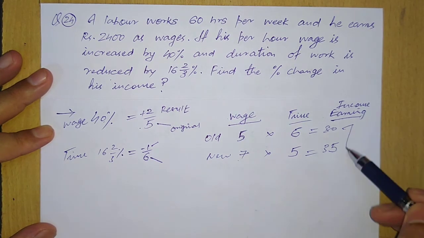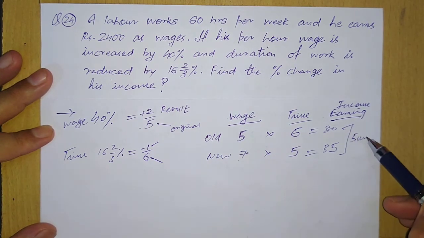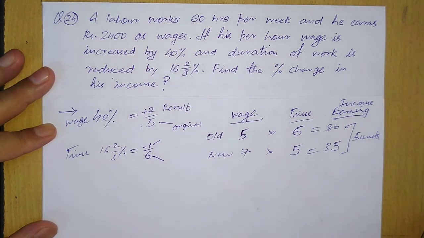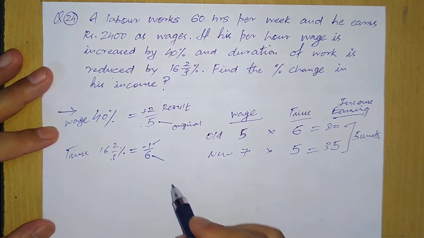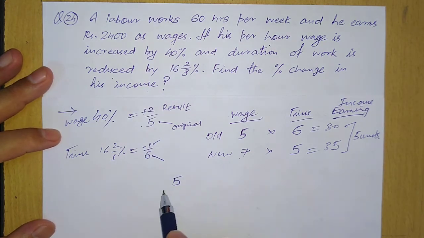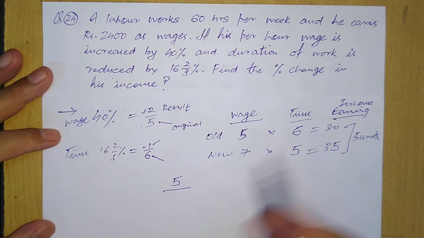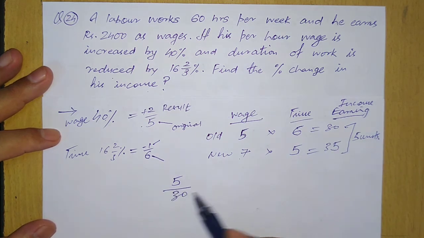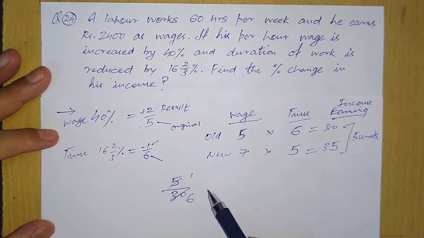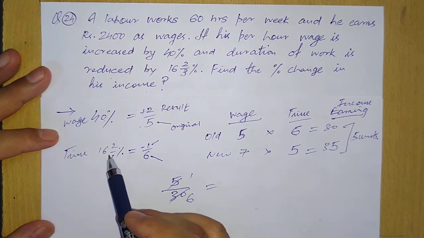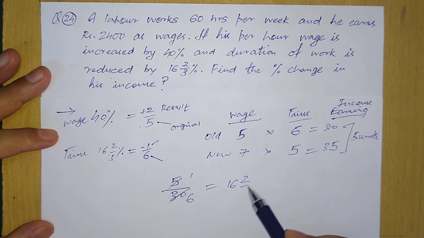So our earning has been increased by 5 units. Now we need to find the percentage change in his income. So 5 units has been increased and the old earning was 30. So 5 by 30, which is 1 by 6. So 1 by 6 we directly know it's 16 2/3%.